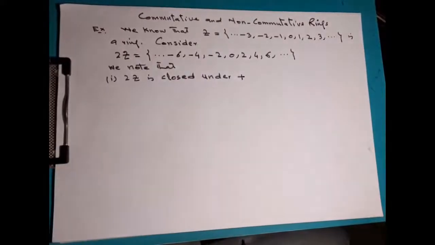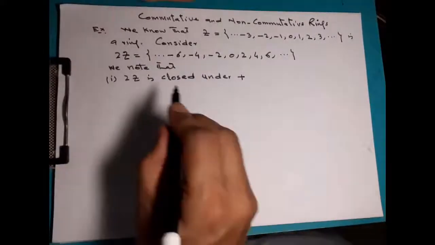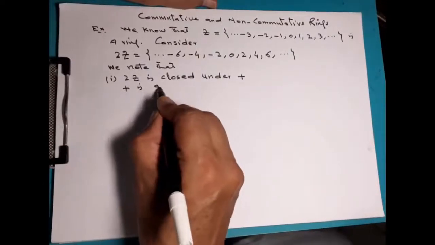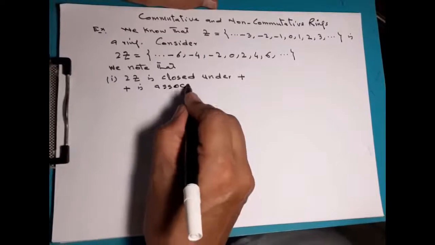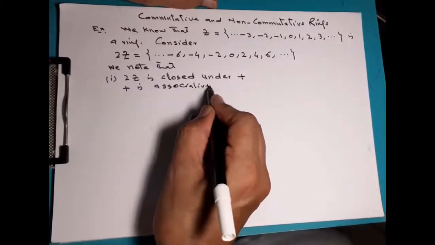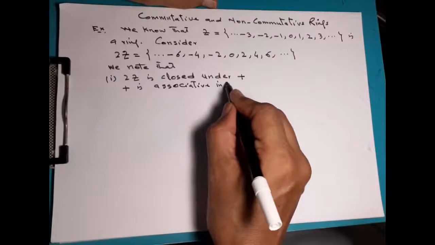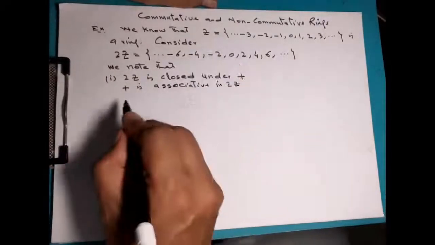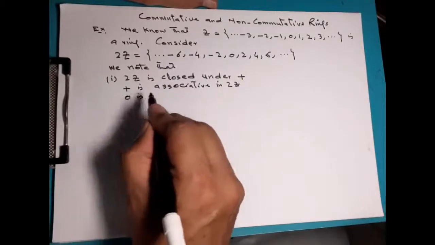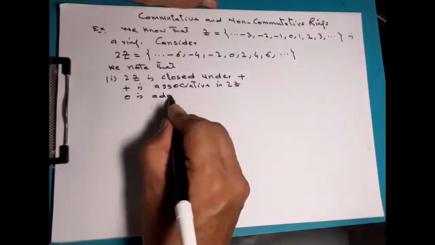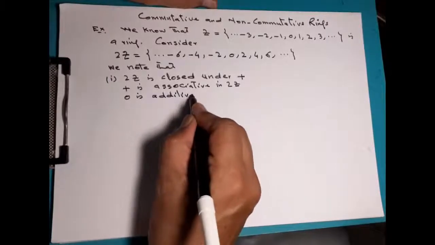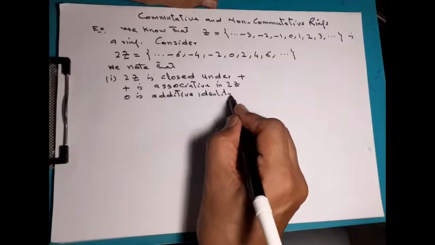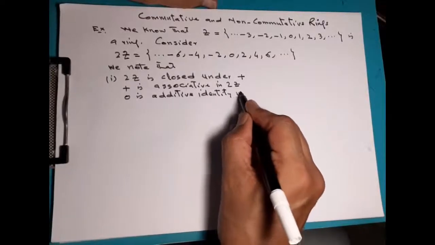Secondly, addition is associative in 2Z. Further, 0 is the additive identity in 2Z.